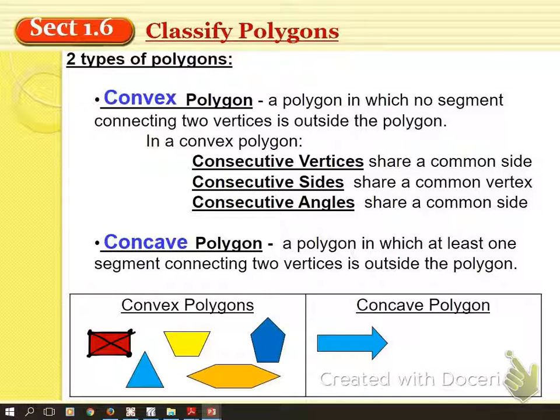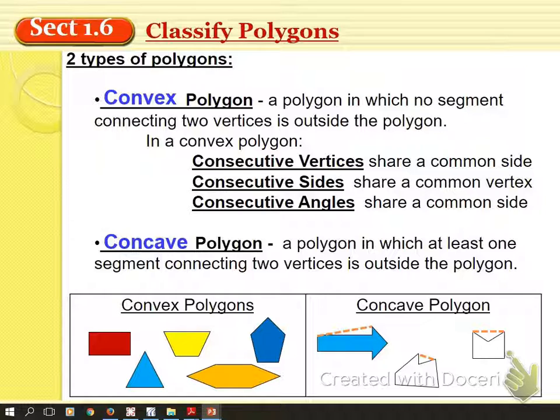all those segments connecting the vertices are inside, or not outside. I don't want to say inside, not outside the polygon. Right? And that's true for all these guys. You can try it out. Connect your vertices, and none of those segments are going to be outside. That's convex. Concave are guys like this over here on the right-hand side.